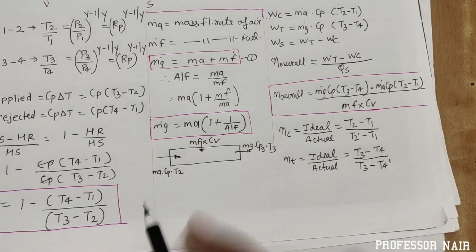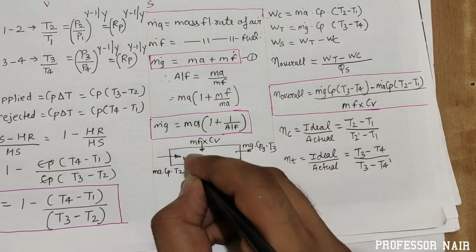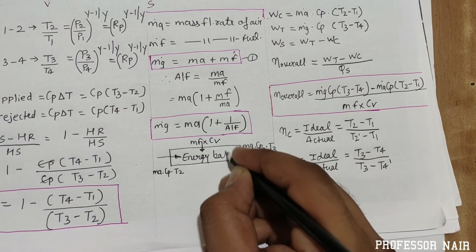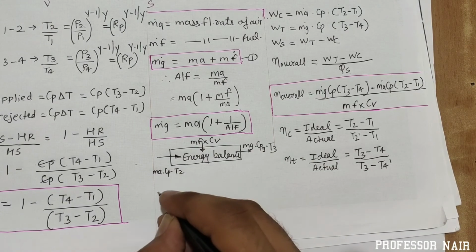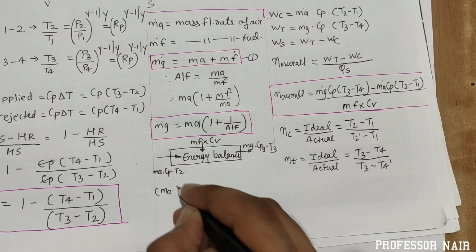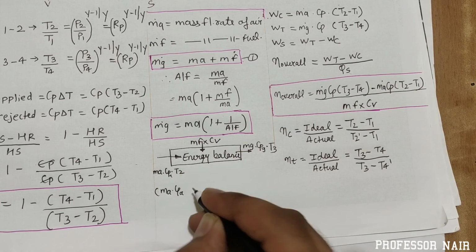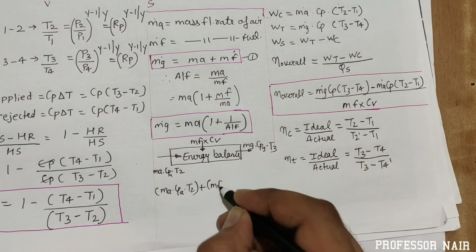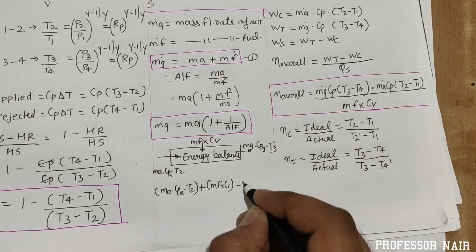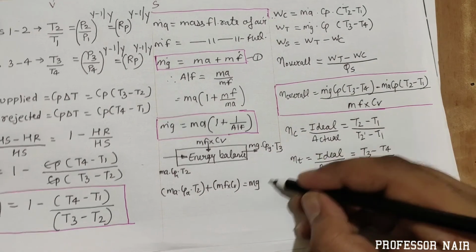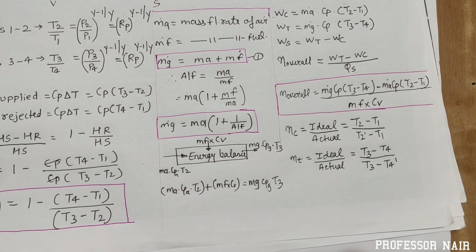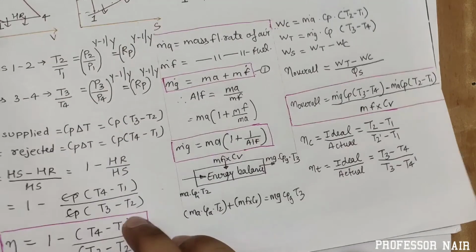So the energy balance equation for the combustor would be MA CPA into T2 plus MF into CV equals MG CPG T3.